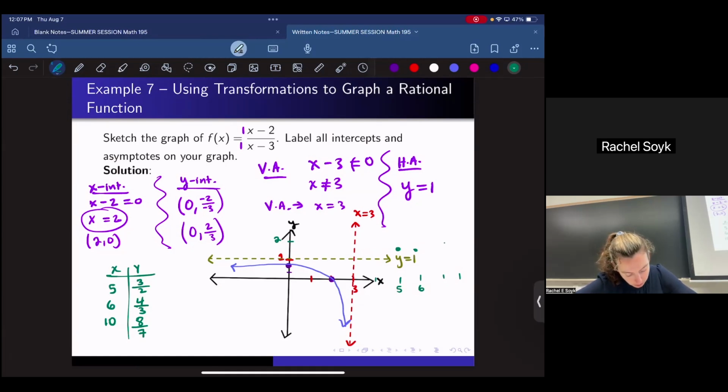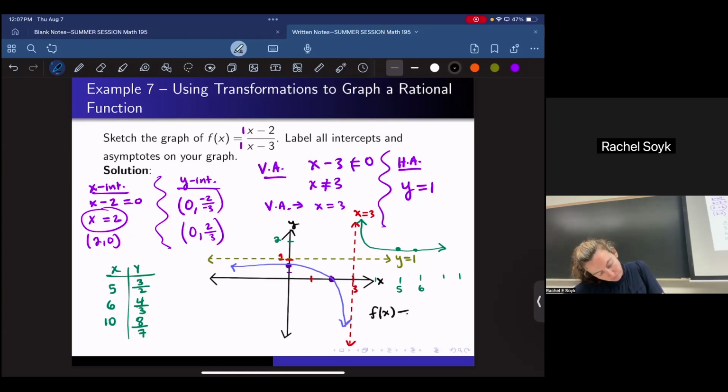So now we could sketch this one. And then last but not least, don't forget to write your function. And that's it.